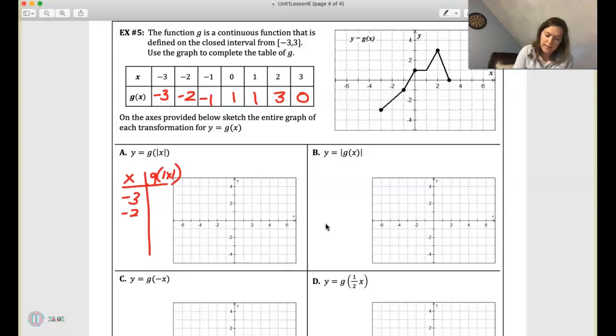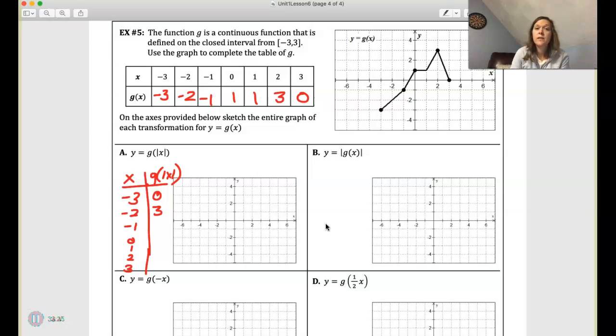So -3, -2, -1, 0, 1, 2, and 3. So now what happens? When I take the absolute value of -3, I get 3. So now go back up to that table. When we have a +3, what's my output? 0. At -2, the absolute value of that is +2. Go back up to the table. When we have a 2 as our input, what's our output? 3.